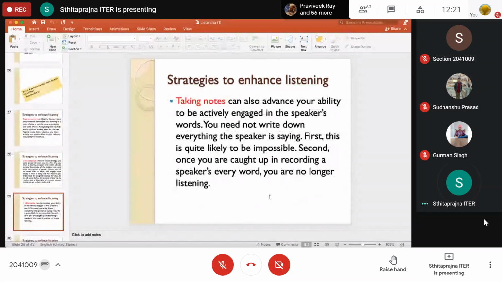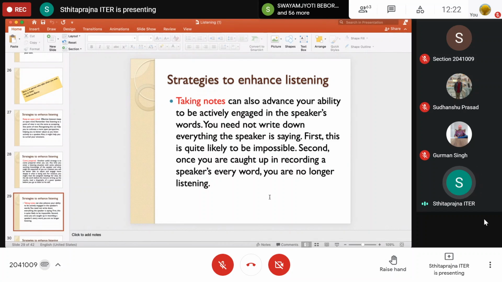The third important strategy is taking notes. Now, when you're taking notes, you hardly get distracted, because you have to focus on what the speaker says, summarize it mentally, and come out with the key ideas. Taking notes doesn't mean you're writing shorthand like a secretary.